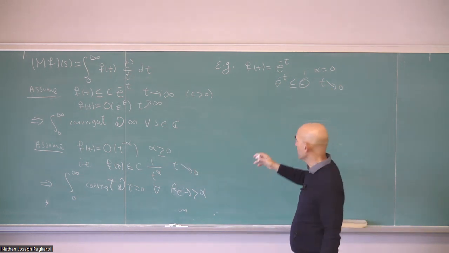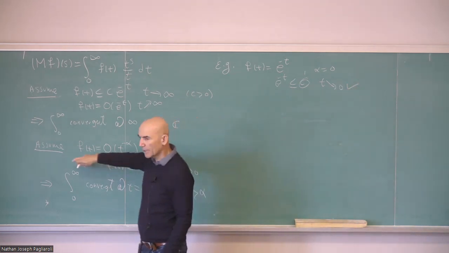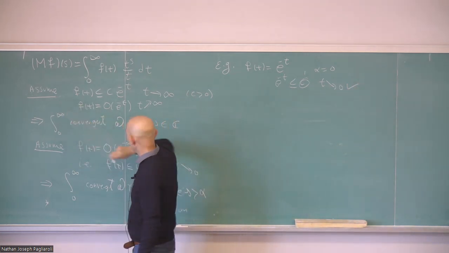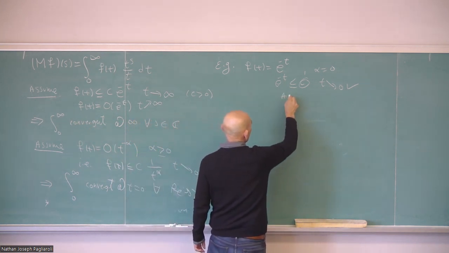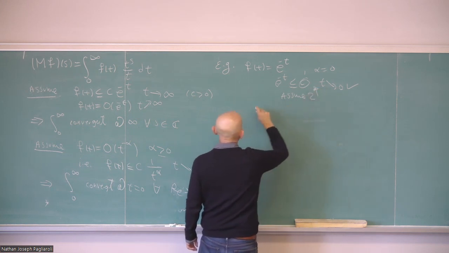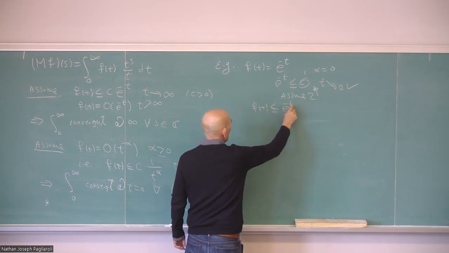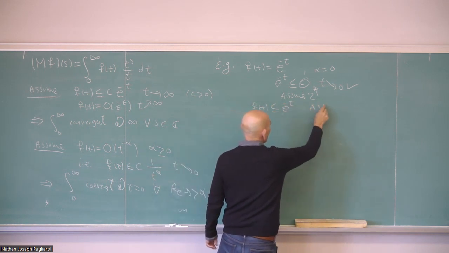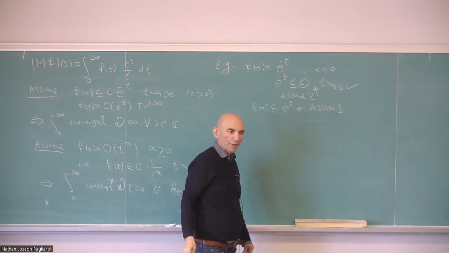So assumption 2 is okay. Assumption 1 is also okay, because this is e to the minus t: f of t is less than or equal to e to the minus t. So both assumptions are okay.